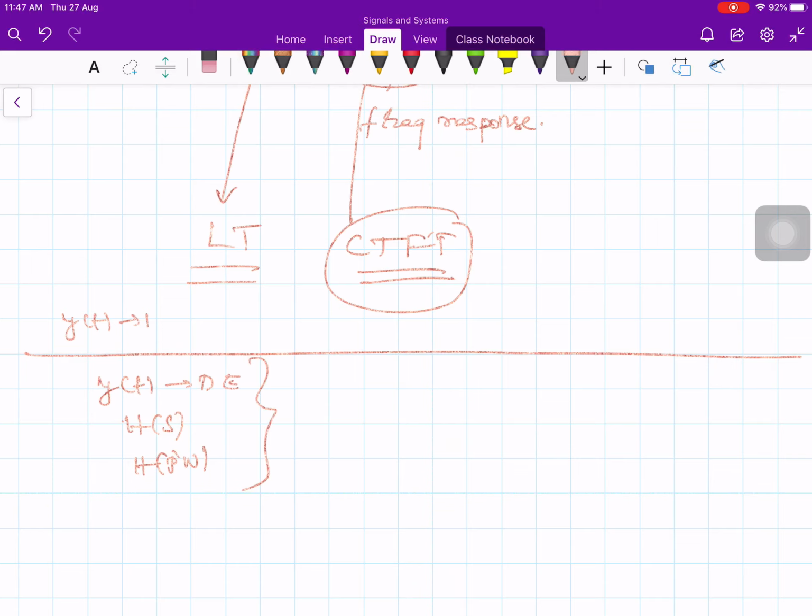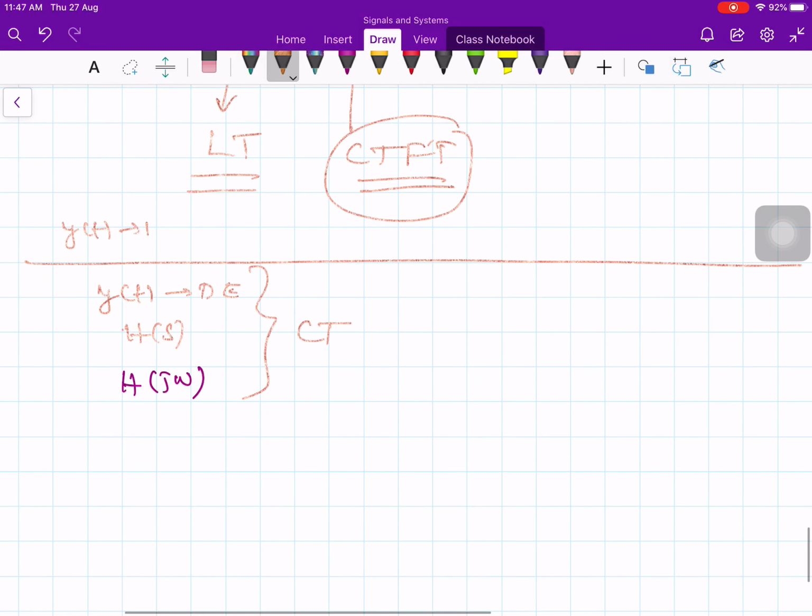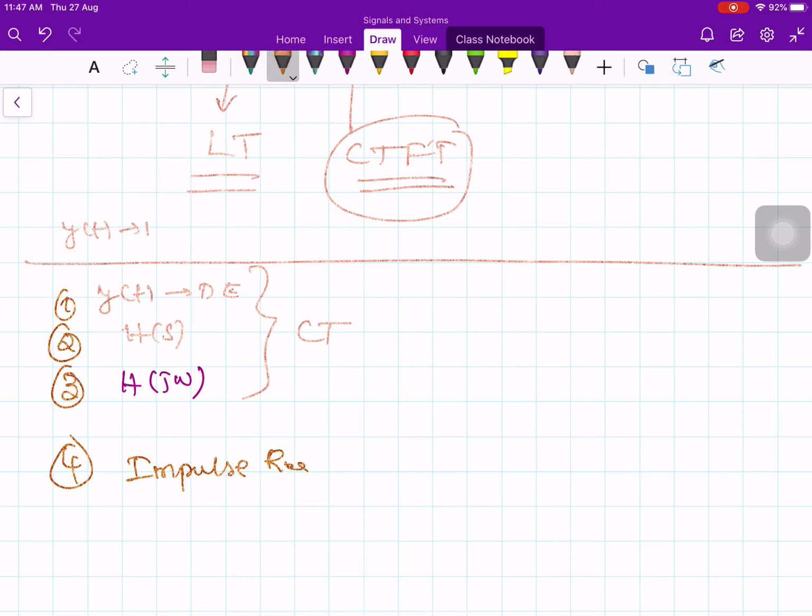So, these three methods you can use in the continuous time case. But there is one more method that we already discussed. The fourth method is impulse response. As I said, the impulse response is denoted by h of t.